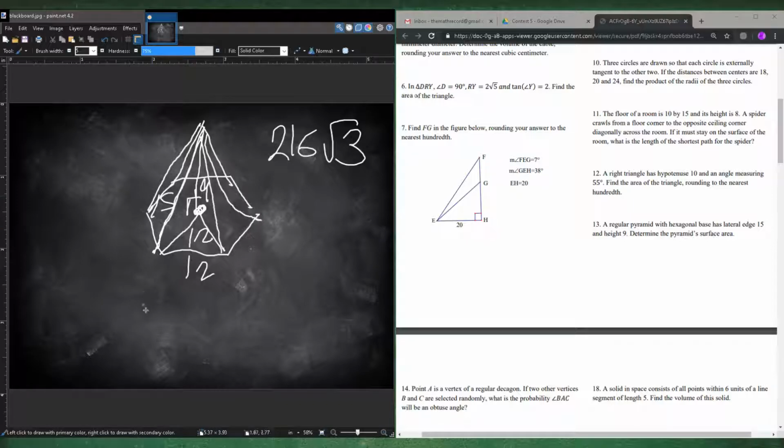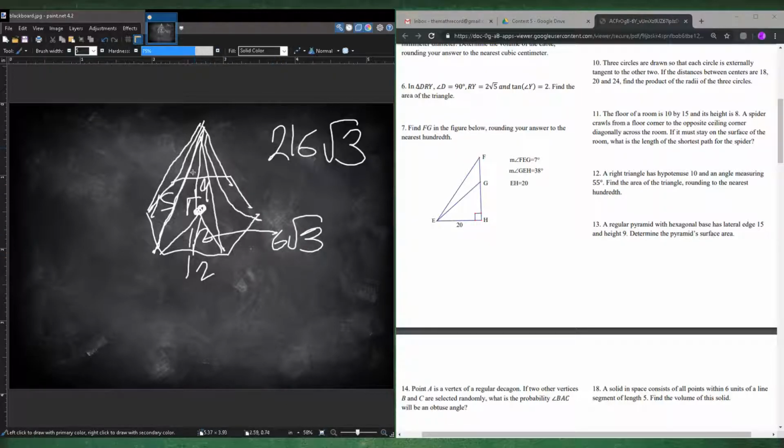Since the side length of the equilateral triangle is 12, if you make a right triangle like that, the height of an equilateral triangle is the hypotenuse times square root 3 divided by 2. So 12 times square root 3 divided by 2 is just 6 square root 3. So this is 6 square root 3.